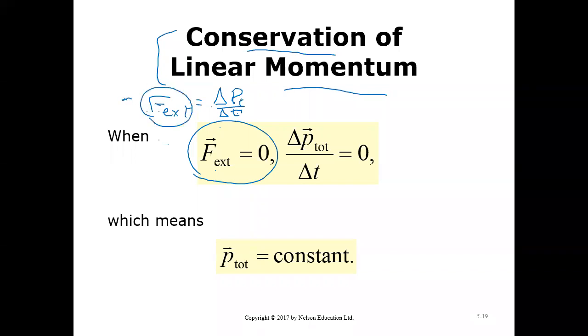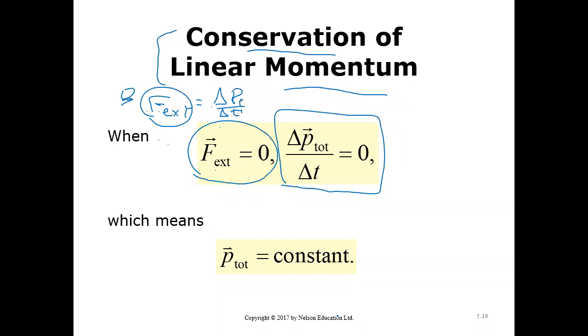If this is zero, that means the rate of change of total momentum is equal to zero. What do you mean by the rate of change of total momentum? The momentum does not change if it is zero. The momentum does not change with time. If something has a time rate equal to zero, that means it is not changing with time, right?